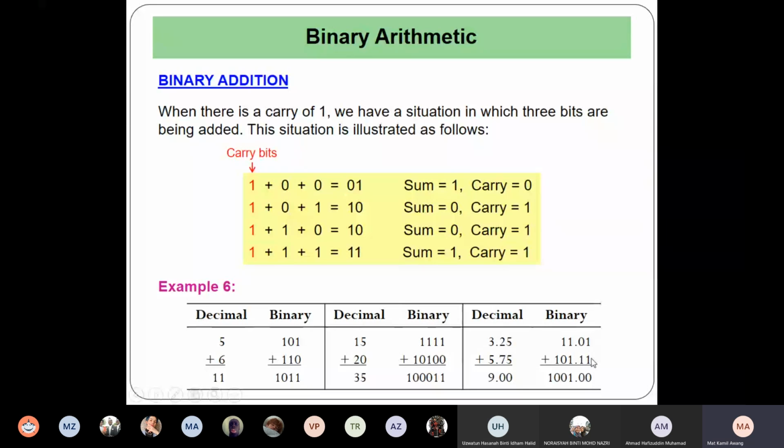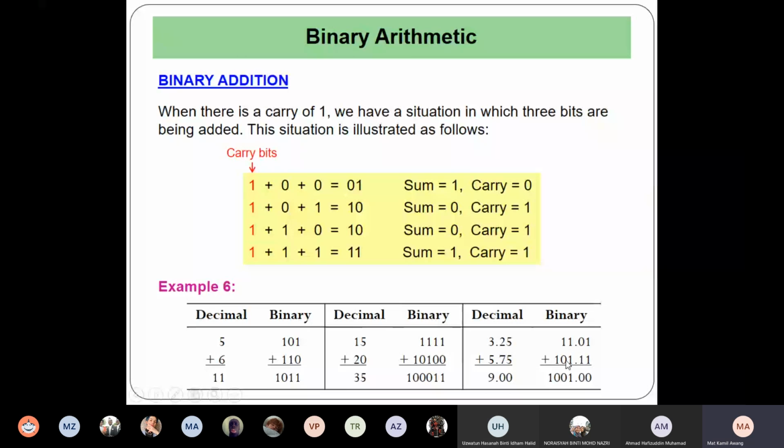1 add 1 is 0 with 1 carry. So the carry add 0 add 1 is 0 with 1 carry. So 1 add 1 is 10. 1 is the sum with 1 carry. So 1 add 1 is 10. Add 0 is 10.